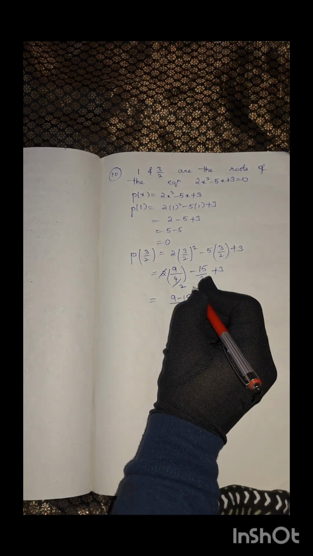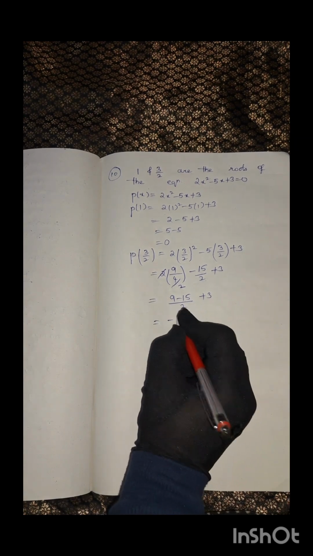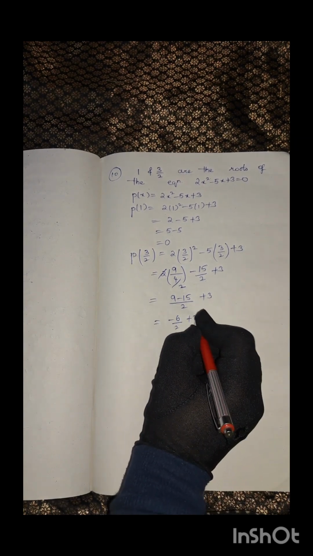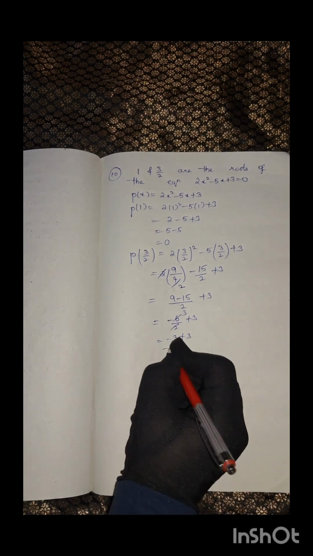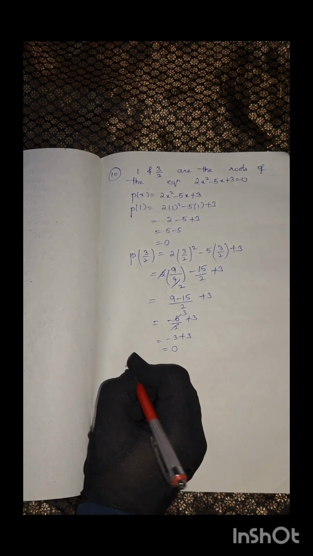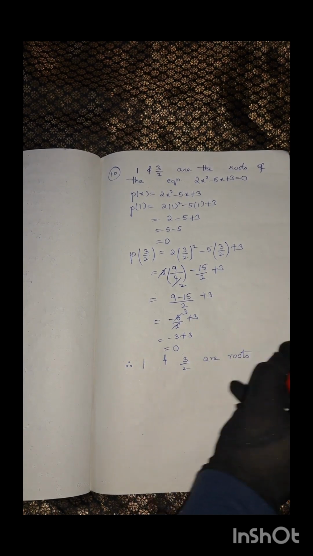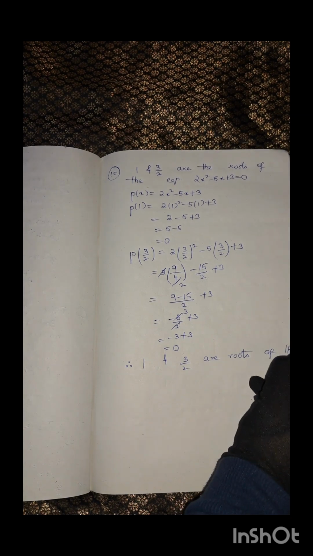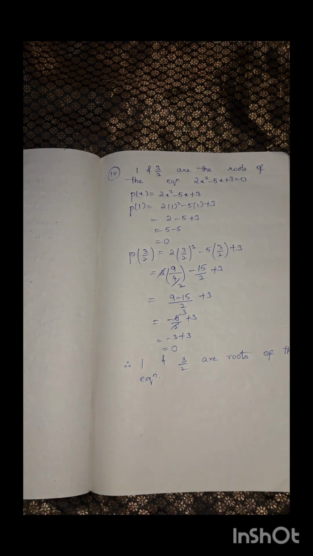Because 2 in the denominator is common, 9 minus 15 is how much? Minus 6. Minus 6 by 2 plus 3. 2 threes are 6. So minus 3 plus 3, again it is 0. Therefore 1 and 3 by 2 are roots of the equation, correct?